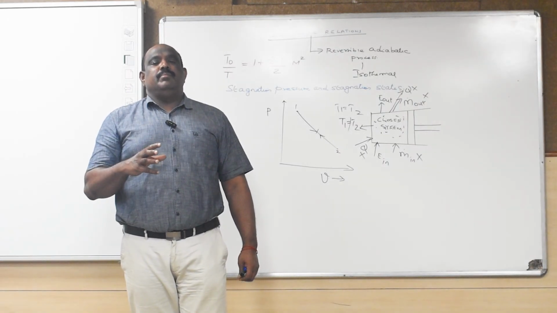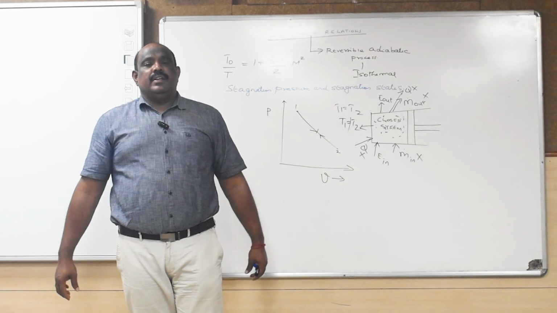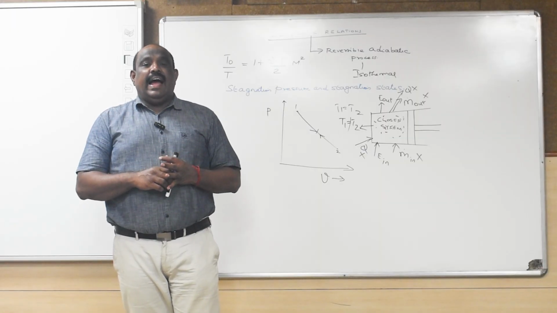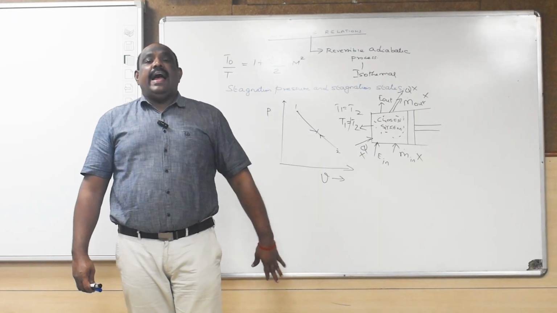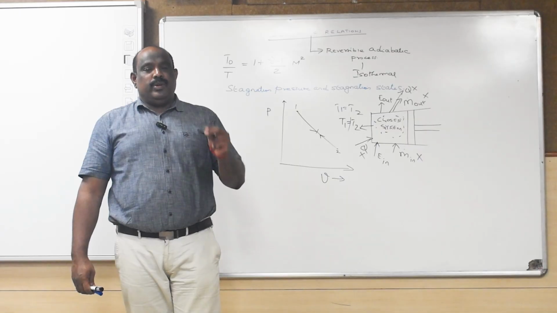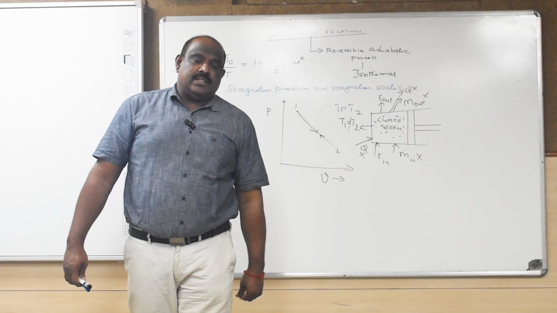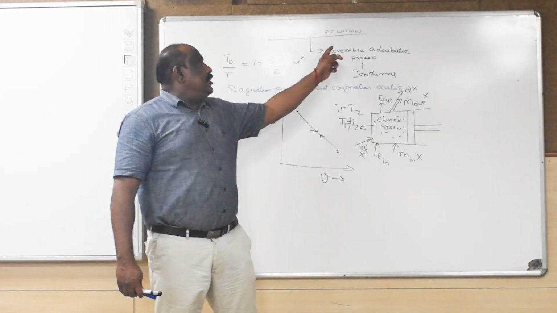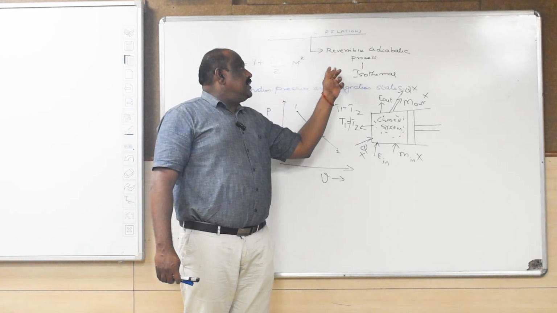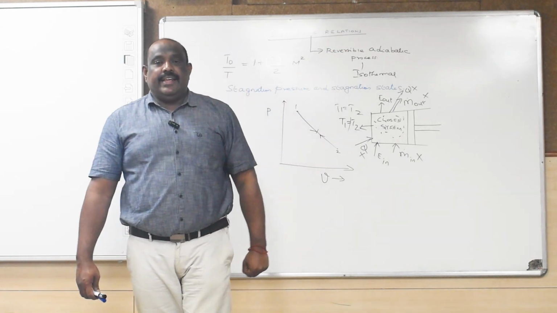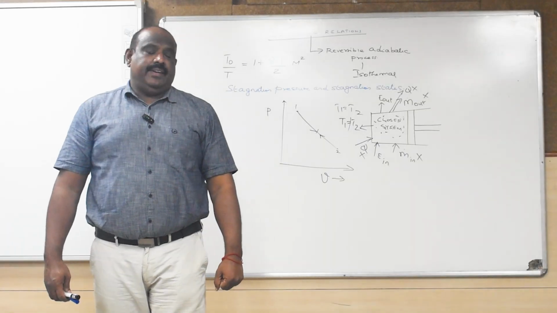Because of the friction, because of the formation of waves, there is irreversibility, and hence it is not called an isentropic process. The throwing of a stone into a lake may be an adiabatic process, but need not be an isentropic process because the process is not reversible. The process is irreversible. I hope you got it.